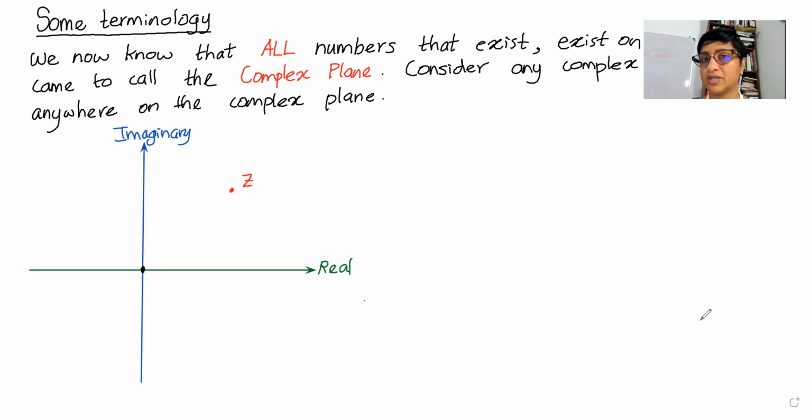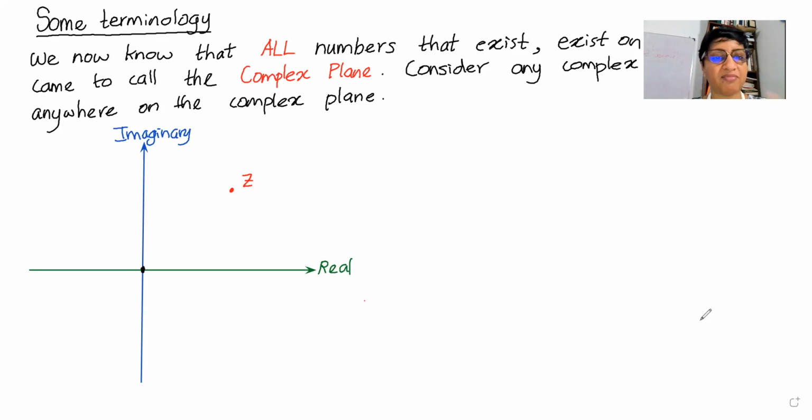You know that if a number is on the real line, it is purely real because it has no imaginary component. And if a number is on the imaginary line, it is pure imaginary, no real component. But in general, when you take a complex number on the complex plane, there is a way in which we write the complex number, and it is true and correct for any point, any number, anywhere.